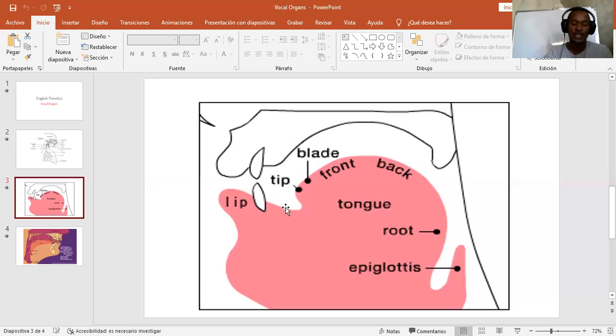Labiodentalization. The lower lip is involved in labiodental consonants like V. The teeth are a place of articulation. The teeth interact with the tongue in dental sounds, like in T, D. The teeth also interact with the tongue in interdental sounds, in which the tongue tip is protruded between the upper and lower teeth.